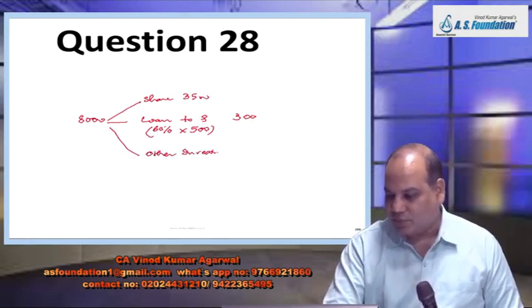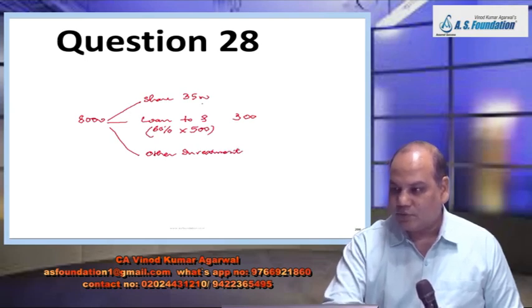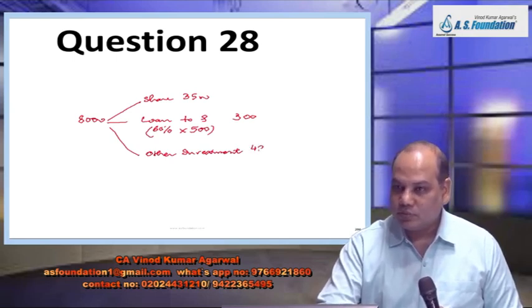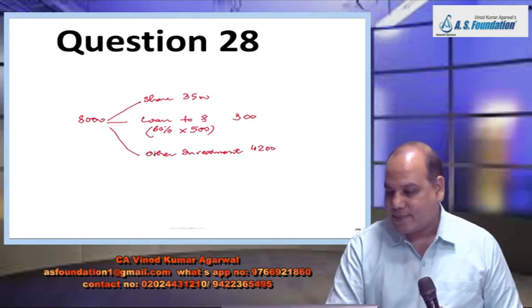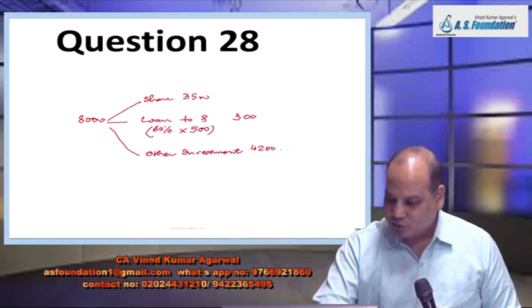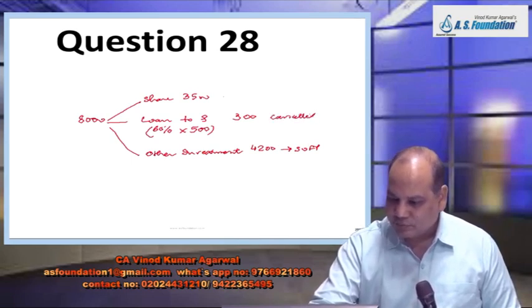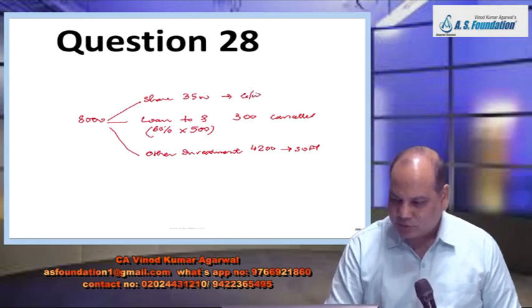Other investment will appear in your SOFP. 8,000 minus 3,500 minus 300, 4,200? Yes. This will appear in your answer. This will get cancelled against loan, and this will also be used in goodwill calculation.